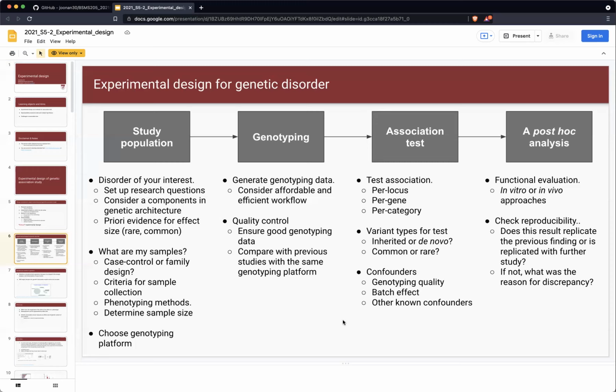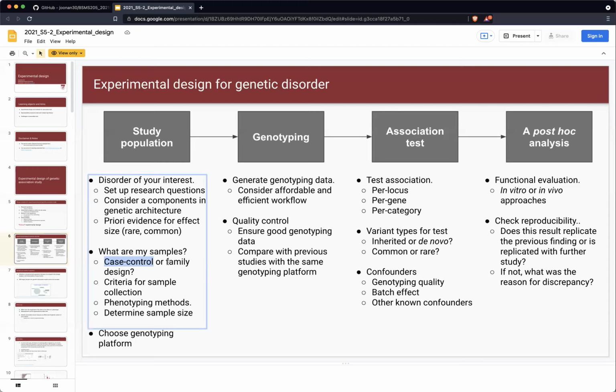Okay, and regarding samples, you can think about whether you are comparing your samples with control sets. That is the typical experimental design we call case-control samples, or you can compare your genetic factors within families, right?